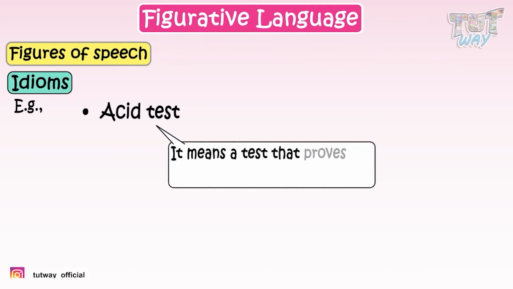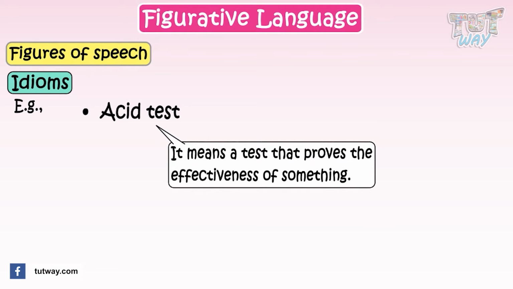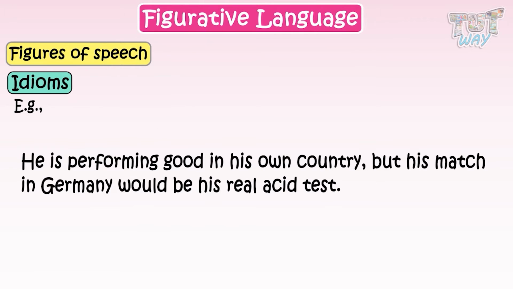It means a test that proves effectiveness of something. He is performing good in his own country, but his match in Germany would be his real acid test. In this sentence, the idiom acid test is used, which means his real test that will prove his ability.